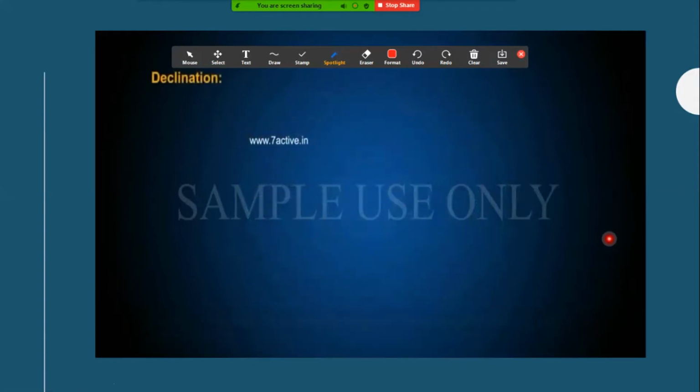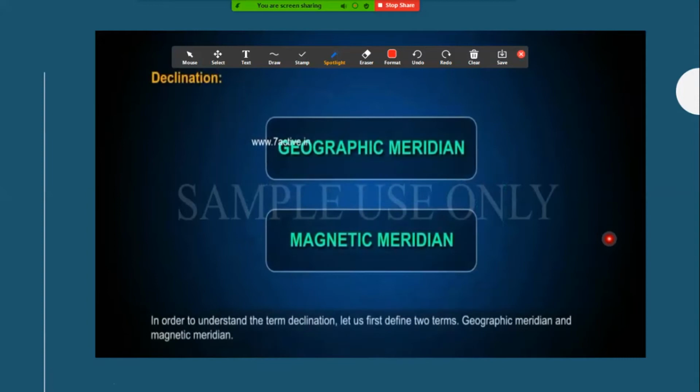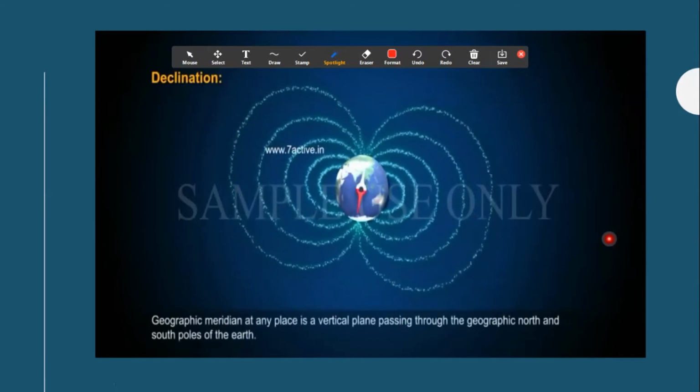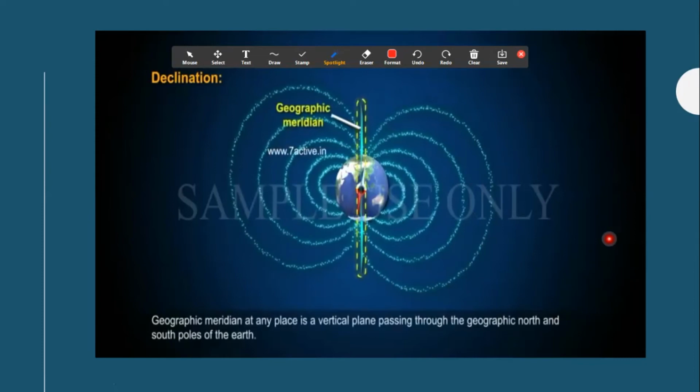Declination. In order to understand the term declination, let us first define two terms: geographic meridian and magnetic meridian. Geographic meridian at any place is a vertical plane passing through the geographic north and south poles of the Earth.